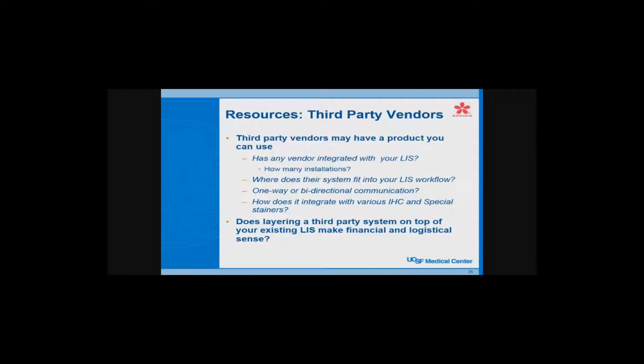So what that means is that you're kind of stuck with using CoPath to enter all the blocks, and then it has to be passed off to Vantage to do any tracking on it. So that's what I mean about, where does it fit into your workflow. In that case, we would have to enter everything in CoPath at the grossing bench, and then if we had Vantage, it would pick it up after that, and we would start tracking after the cases were gross. Then we could track through histology, and that would be no problem.